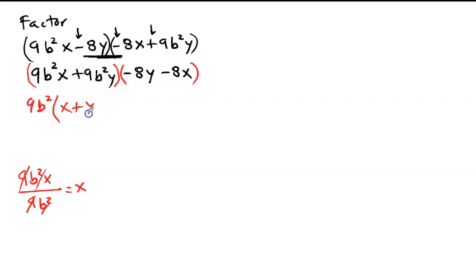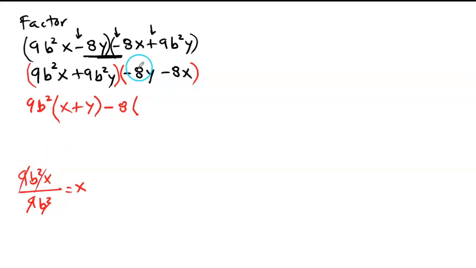What's left? The y. And I'm done. GCF on the next one. I see that I have a negative as a common factor, and I see that I have an 8 as a common factor. The y is not common, the x is not common.